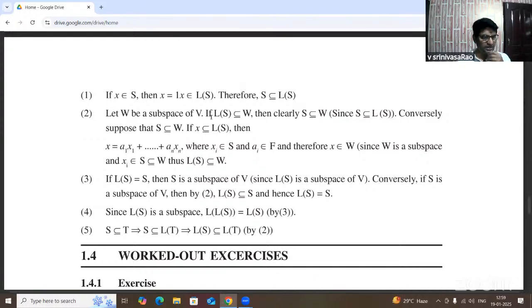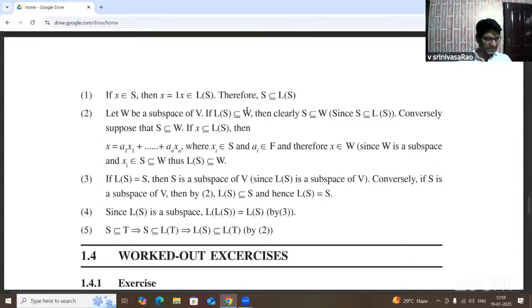For the second part, let W be any subspace, then L of S is contained in or equal to W. When a subspace contains S, the linear span is contained in the subspace, and S is also a subset of the subspace.